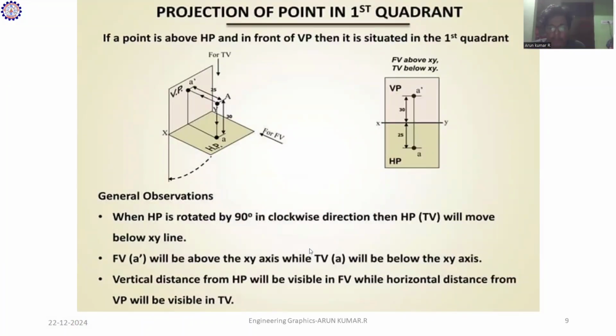If I take 30 mm, it means 3 centimeters. Draw the XY line, use the scale, and locate 3 centimeters above it. Then the same way, 25 mm, that is 2.5 centimeters, below the XY line, and locate the point A. We will see similar problems in the next classes for the second, third, and fourth quadrants. Thank you.